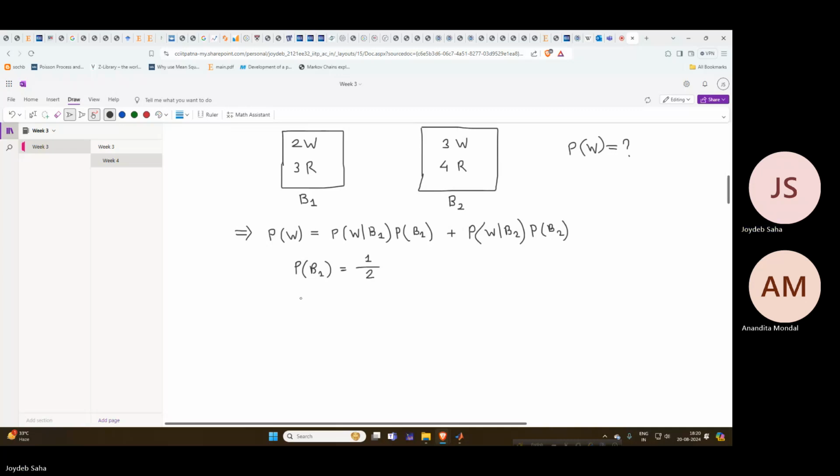And the probability of B2 will be the same. As we are randomly picking a ball from B1 or B2, there is no bias. So it will be 1 by 2 and 1 by 2.